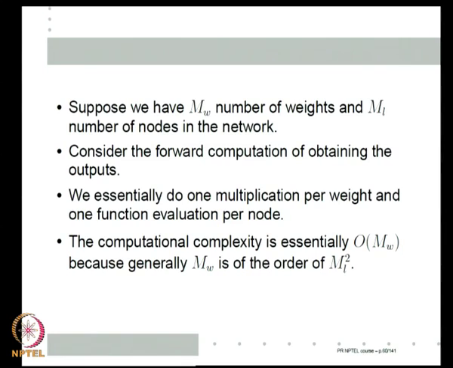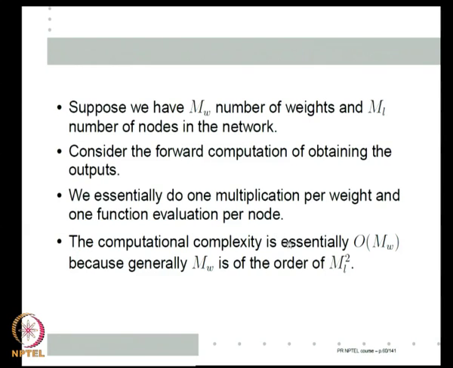So, if I have 10 input nodes and 10 hidden layer nodes, there are 20 nodes, but I will have 100 weights, because each of the 10 input nodes is to be connected to each of the 10 hidden nodes, right. So, normally the number of weights is of the order of the square of the number of nodes. So, MW plus ML is the same order as MW, because MW grows as ML square.